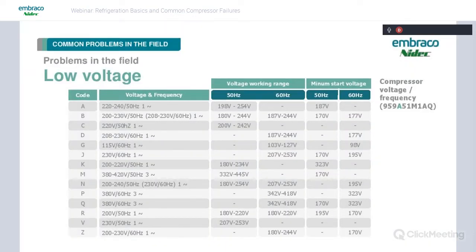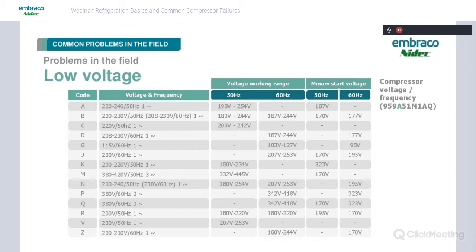So we also see a problem with low voltage in the field. A lot of times in commercial environments, you might have had a dedicated circuit or a piece of equipment on one circuit, and then another piece of equipment was added. Then all of a sudden you get startability issues. This slide just shows the minimum guaranteed start voltage.